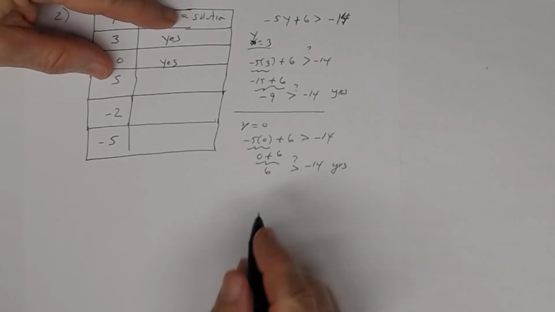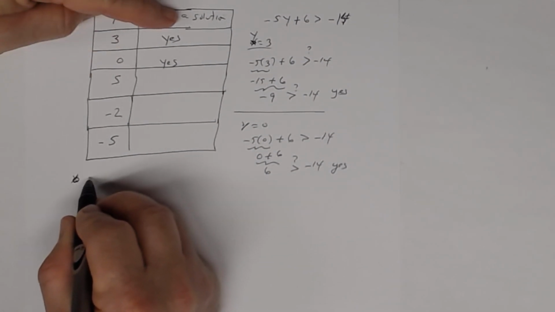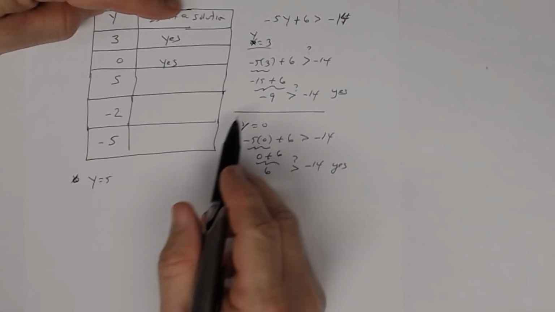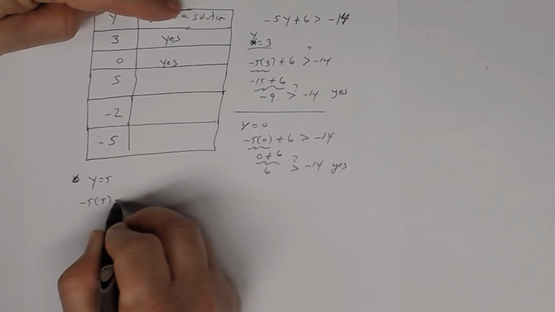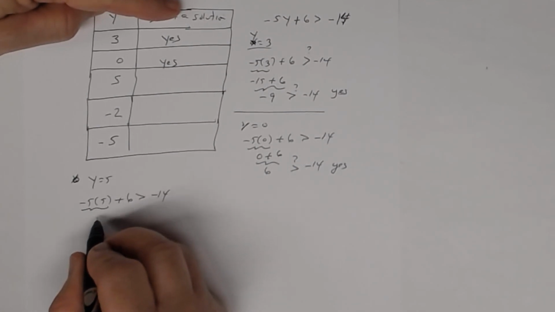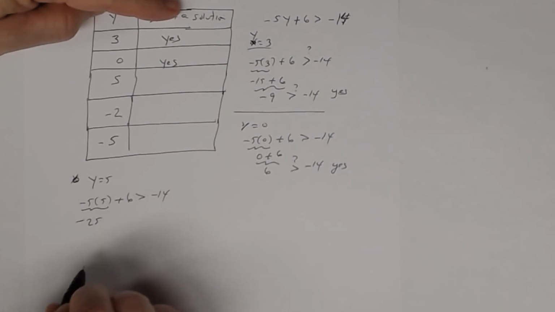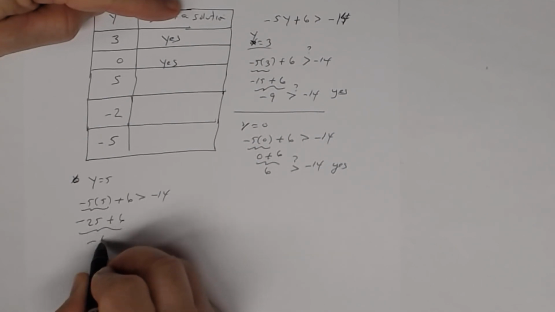Let's check 5. I keep saying x, but I meant y. y = 5. So where we see the variable y, substitute 5. So we get -5 times 5 + 6 > -14. Well, -5 times 5 is -25, right? And then -25 + 6 is -19.